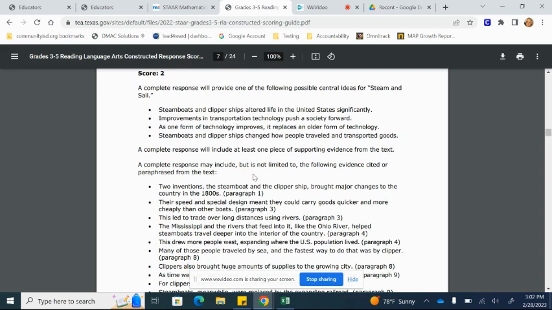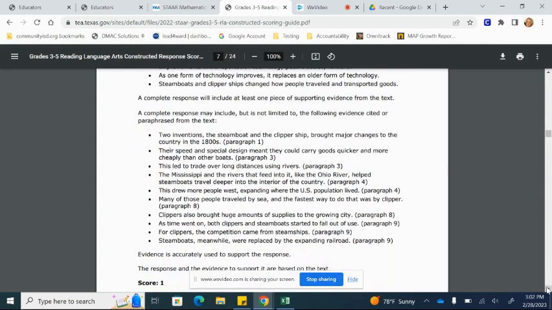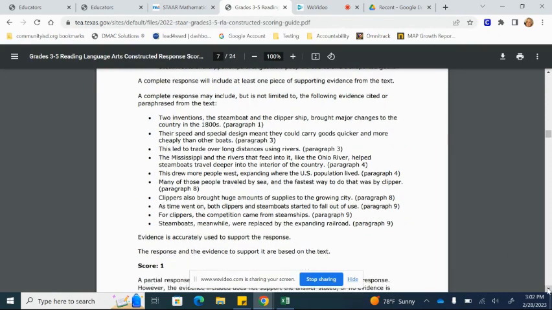And the complete response may include, but is not limited to, the following evidence: cited or paraphrased from the text. So students don't necessarily have to use a direct quote. They could paraphrase information as long as they are offering some type of support for their response to what is the central idea. Then we're headed in the right direction. And these are all examples of what they could use to support their central idea.